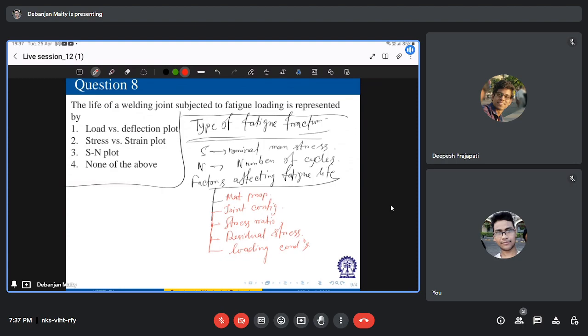So when we talk about material properties, what happens is that on one side you have UTS, and on the other side you'll have the endurance limit. That's how you define it, right?